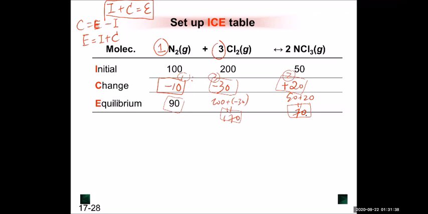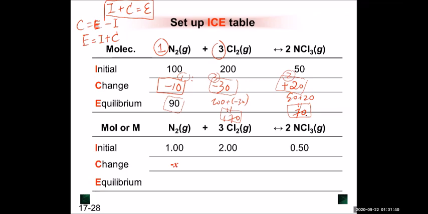So what about the general idea for this reaction? Let's say this is some other situation. All these are in moles. It can also be in molarity, mole over liter, because in the typical situation for a chemical equilibrium reaction, it is a sealed container with all the reactants and all the products in the same pot.